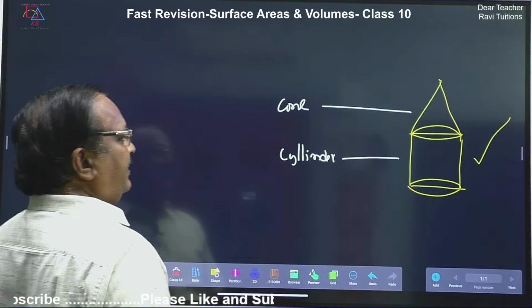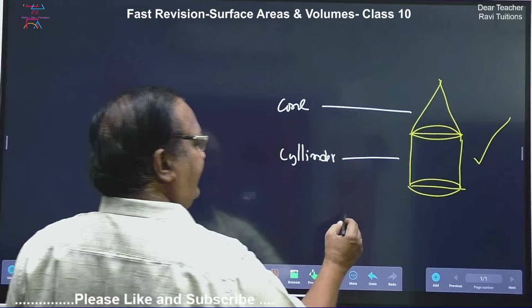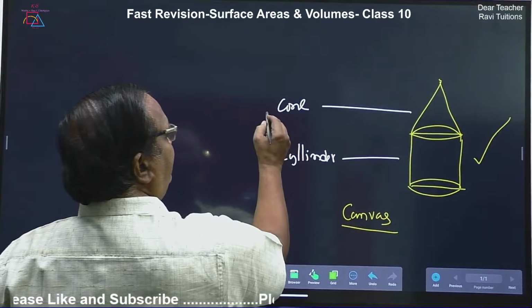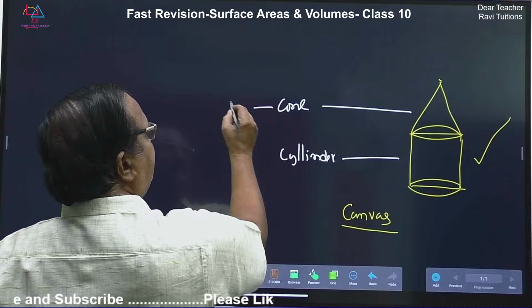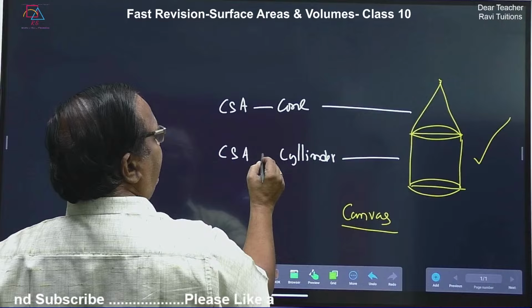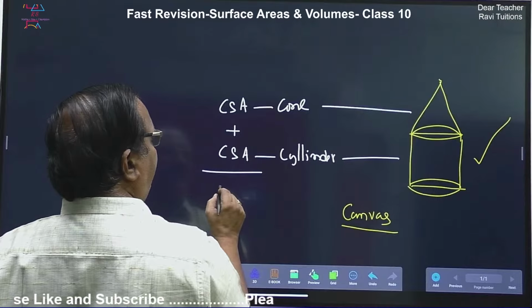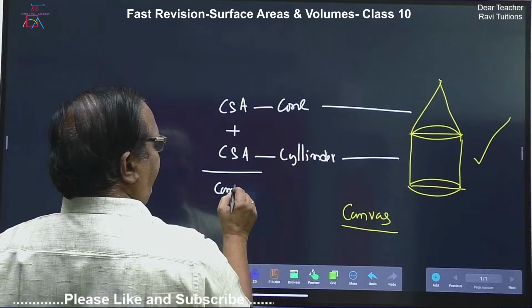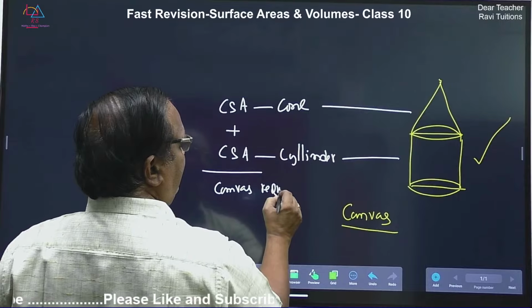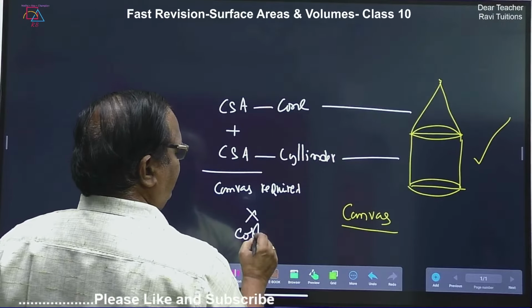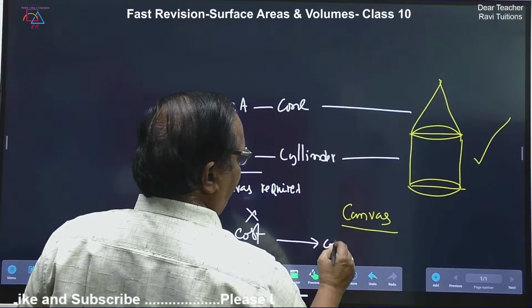Now if it is only canvas, you have to find the CSA of cone and CSA of cylinder, and add them, and you will get the canvas required. Canvas cloth required. Now multiply by cost, and you will get the cost of canvas.